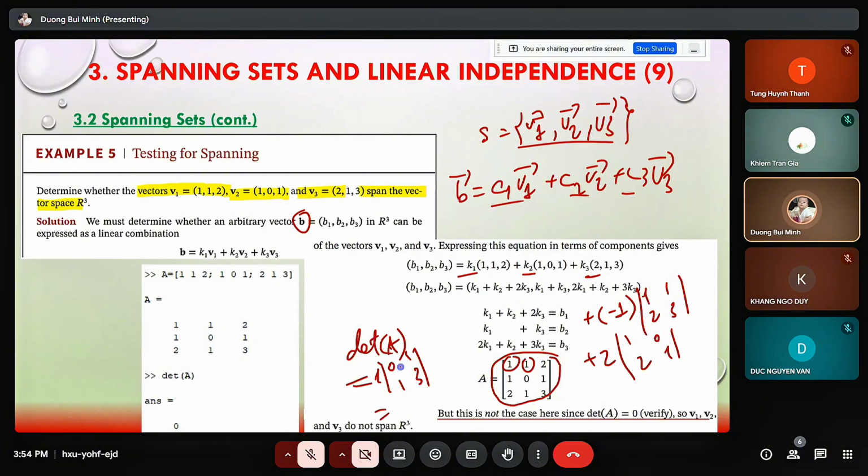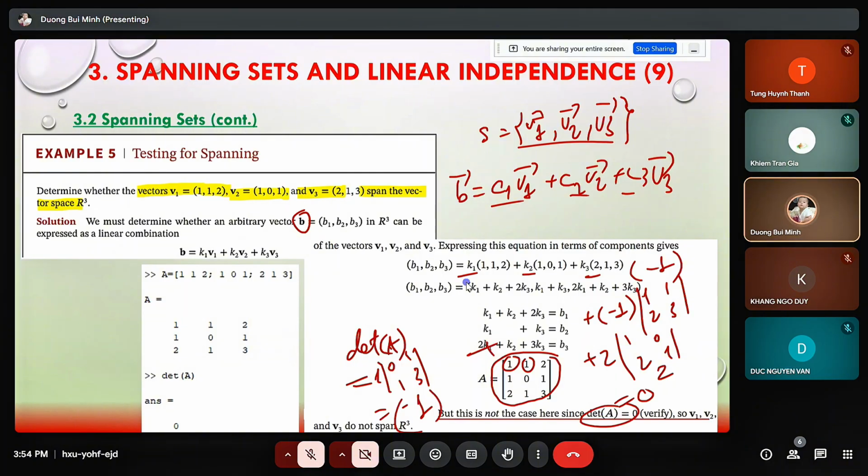This one is minus 1, this one is 3 minus 2 is 1, so here you get minus 1. Then here you get 2. So minus 1, minus 2, plus 2 is 0. The determinant is 0, so that means this one is inconsistent.